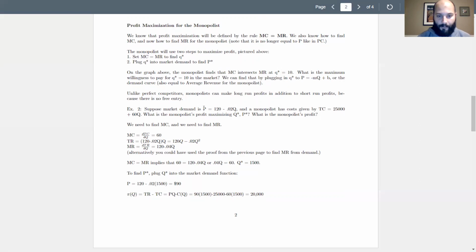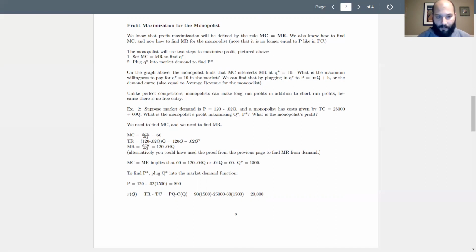What is the consumer's maximum willingness to pay for a quantity of 1,500? So we plug in, we get what our market price is. And now we have the information to construct the monopolist profit, price times quantity, minus the total costs.